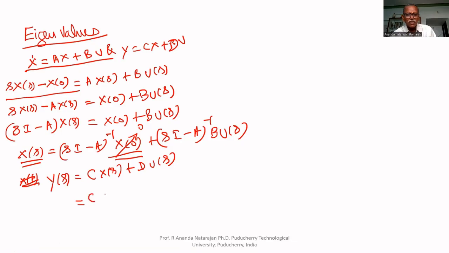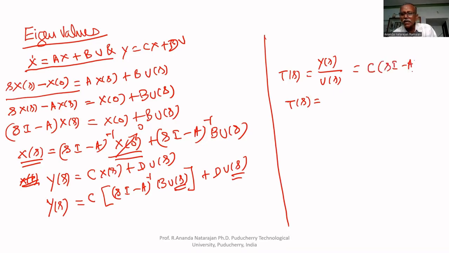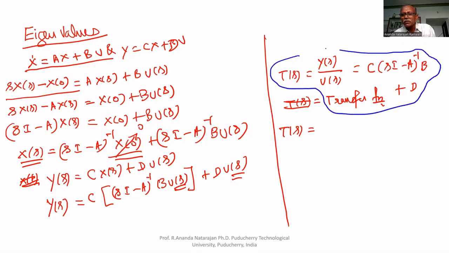Therefore, you get C (SI minus A) inverse B U of S plus D U of S, which is equal to Y of S. Therefore, the transfer function T of S equal to Y of S upon U of S. If you bring U of S to the left hand side, you will get C (SI minus A) inverse B plus D, that is the transfer function.